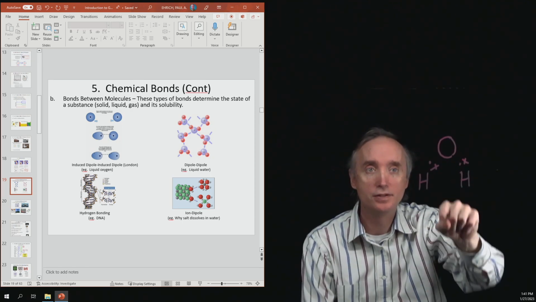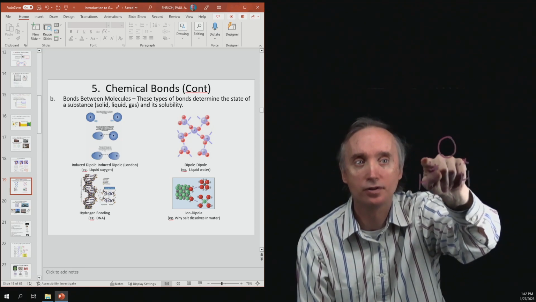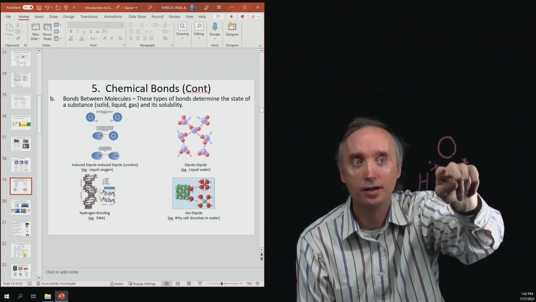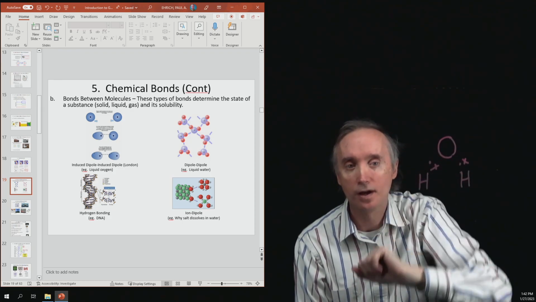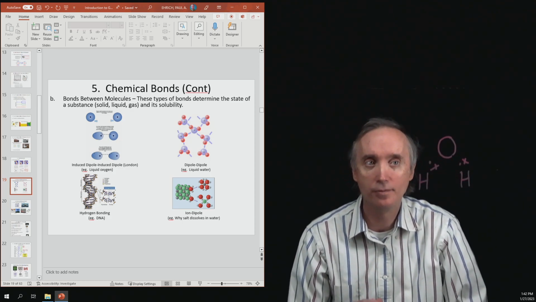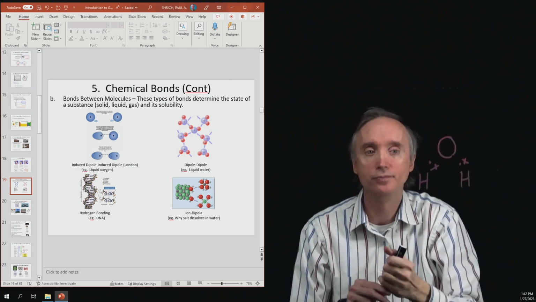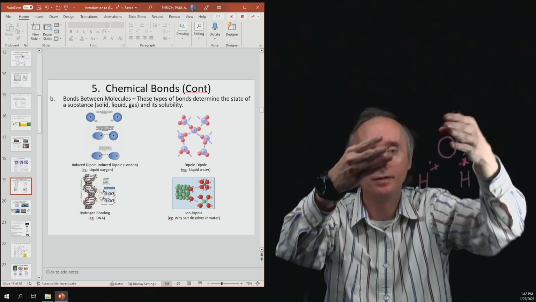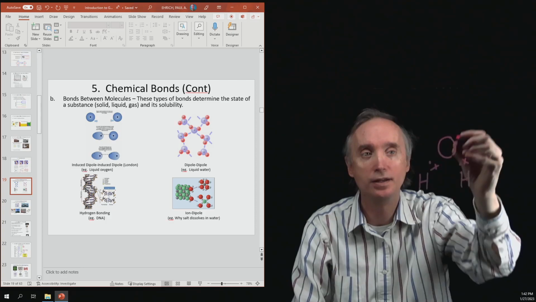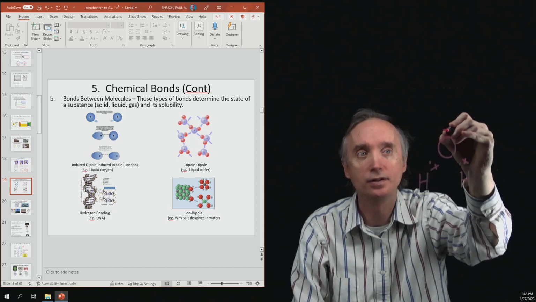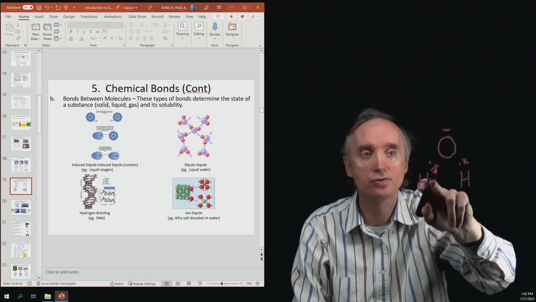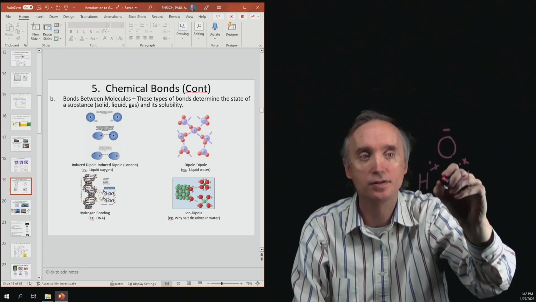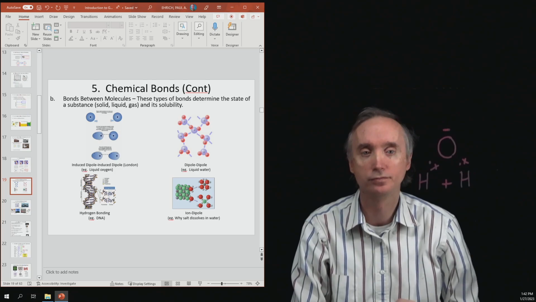And so that means that the two electrons are going to spend more time around the oxygen than they do around the hydrogen. So that means that one side of the oxygen is going to be negative, and then this other side that's closer to the two hydrogens is going to end up being positive.